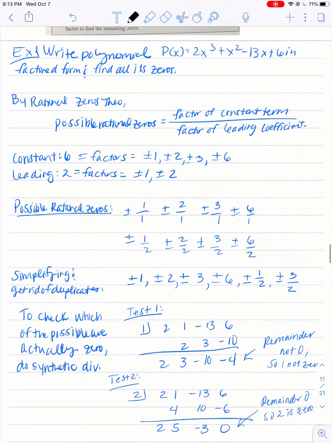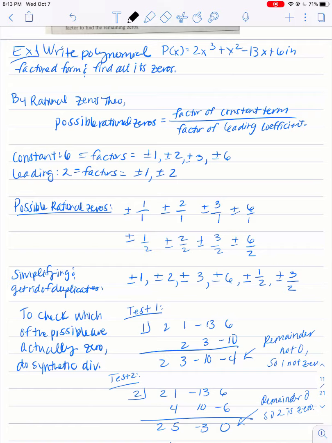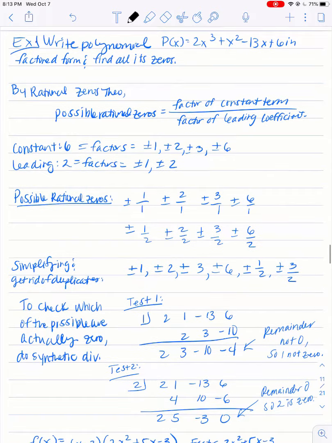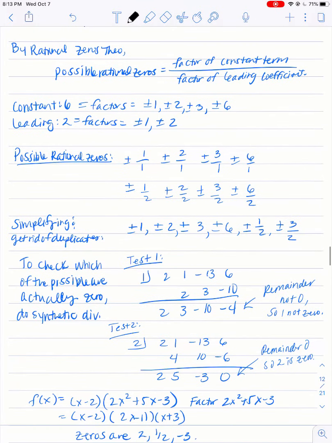Here's an example of doing that. I'm going to write the polynomial p of x equals 2x cubed plus x squared minus 13x plus 6 in factored form, and find all the zeros. By the rational zero theorem, the possible rational zeros are factors of our constant term over factors of our leading coefficient.